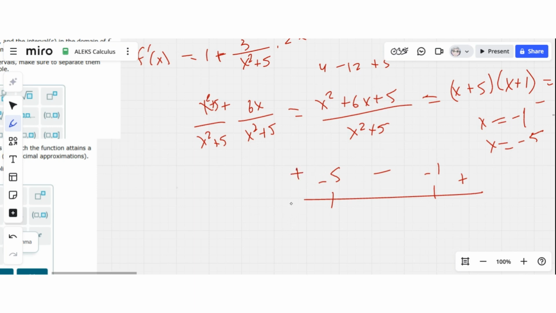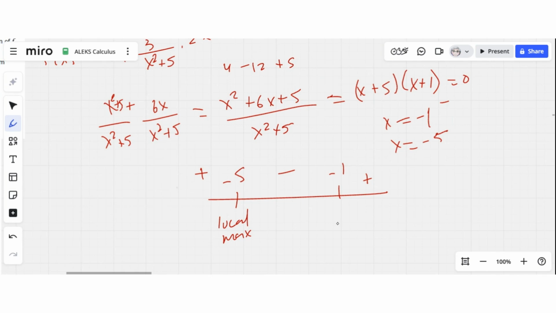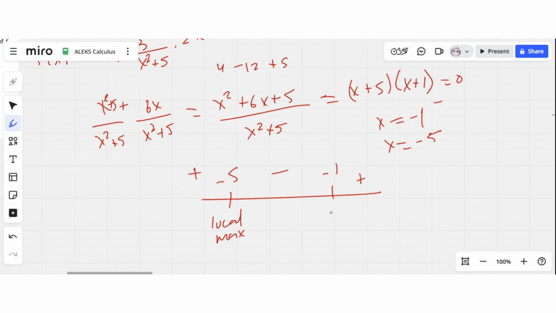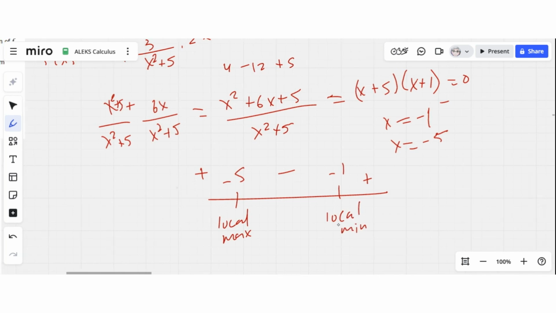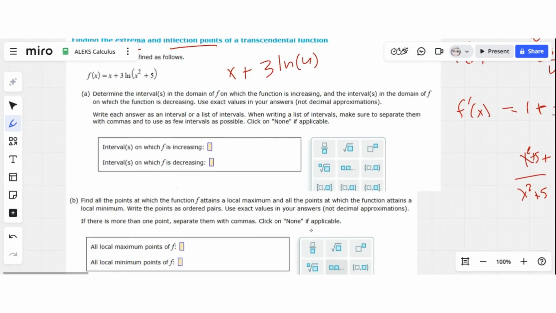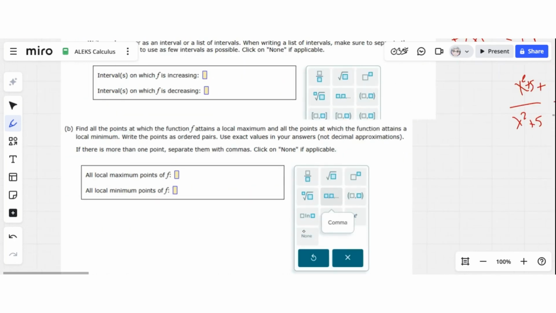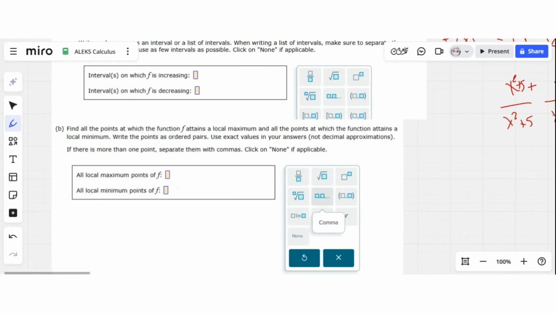So we can see that this function is rising until it gets to -5 and then falling. So this is a local max. And then it's falling until it gets to -1, and then it starts rising again. So this is a local min. Okay, so I think we can start filling in some of our answers here. The intervals on which it's increasing, there are 2 of those.